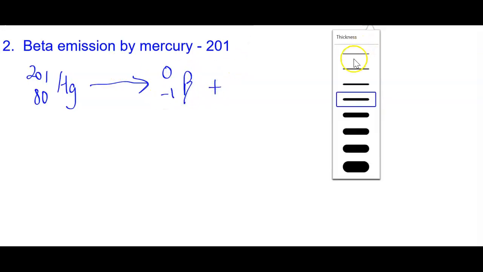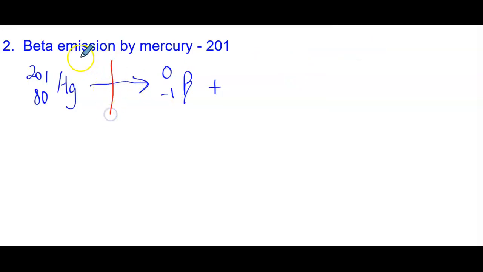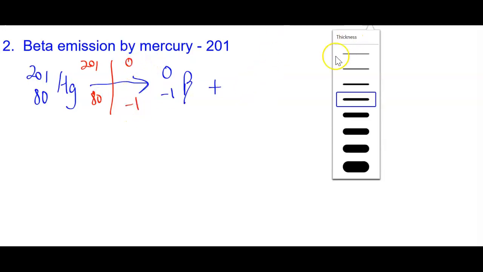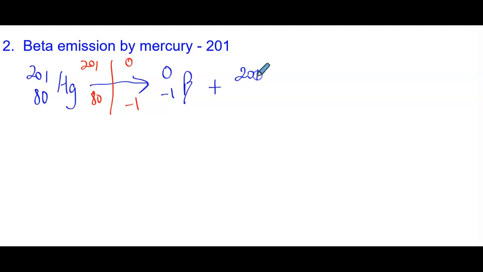Back to thinking about the math now. The top is 201, because 201 is the only thing over here, and 80. And this is 0 and -1. So what do I need to add to 0 to get to 201? I need a 201 on top, because 201 plus 0 gets me to 201. And what plus -1 gets me to 80?